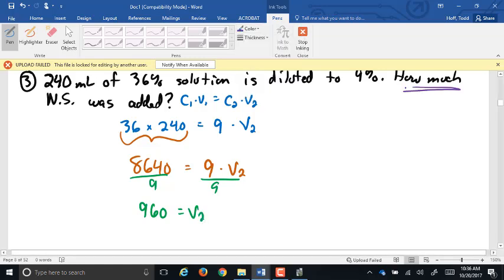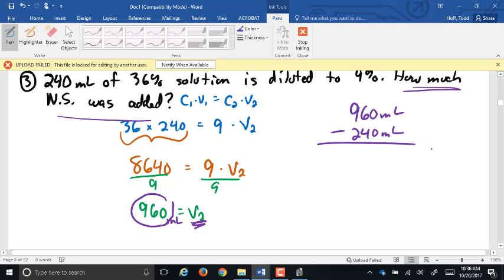The question was how much saline was added. The 960 is in milliliters, but that is the total volume after it is diluted. So the saline added is 960 minus 240, or 720 milliliters. Any questions on those?